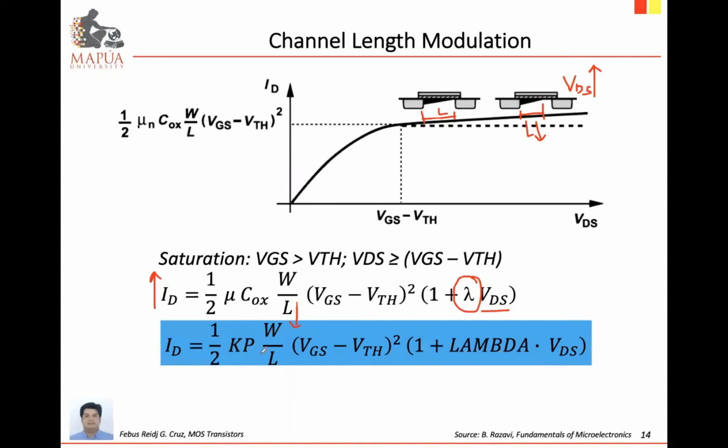Kp is multiplied by W over L, multiplied by the square of the saturation point, VGS minus VTH, multiplied by the quantity 1 plus lambda, the channel length modulation parameter, multiplied by the VDS. Again, when you increase VDS, it results in a lower effective channel length.